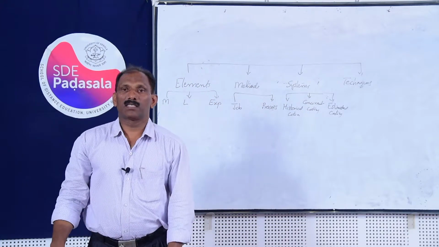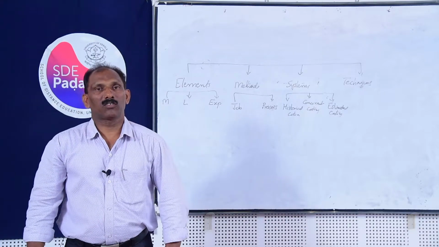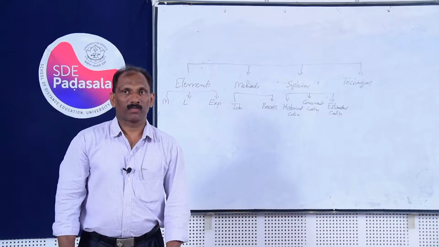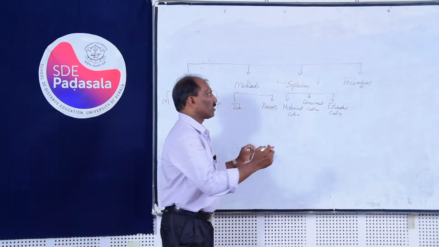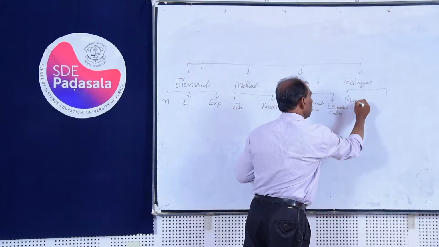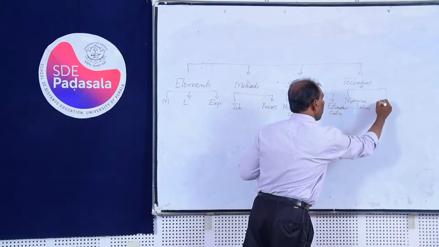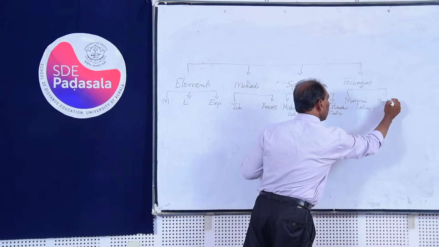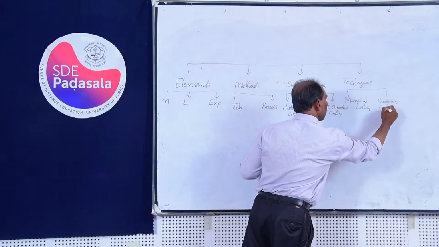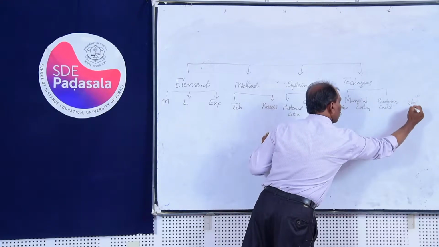And the fourth is the techniques. Techniques are used for controlling the cost of production. The major techniques used for controlling the cost are marginal costing, budgetary control, and standard costing.